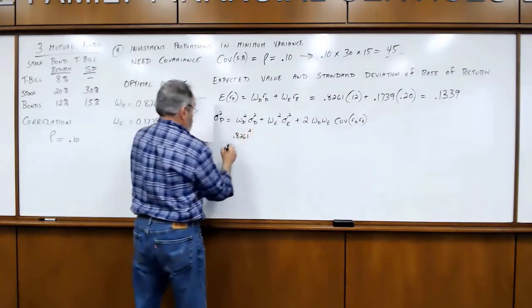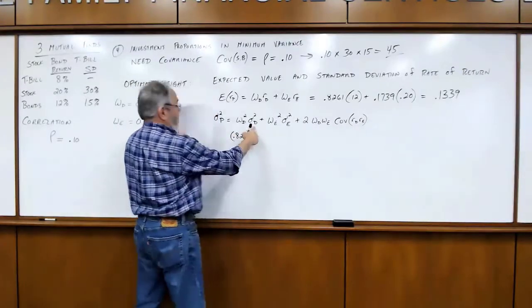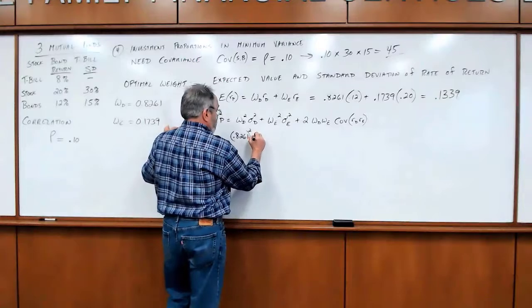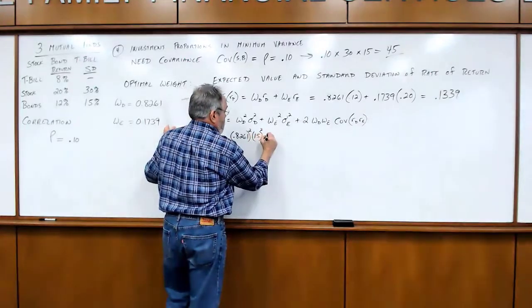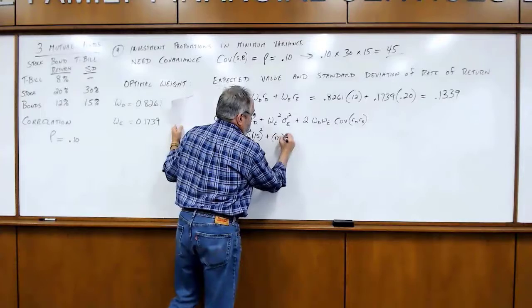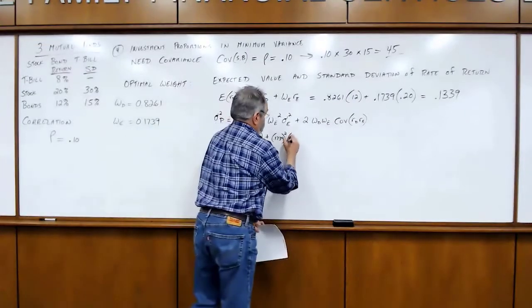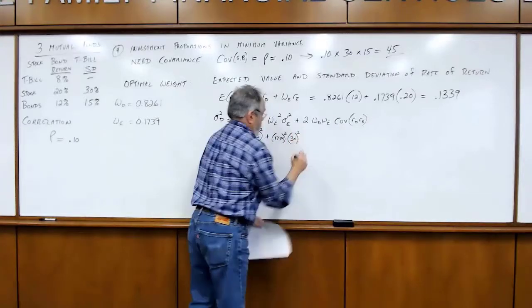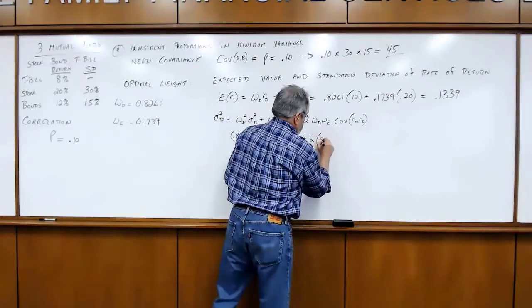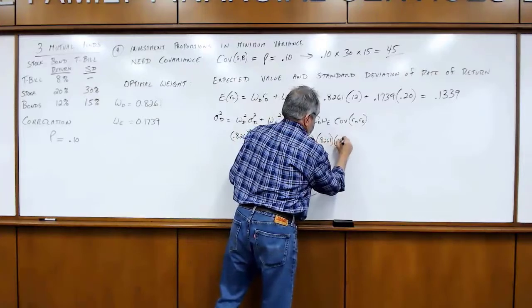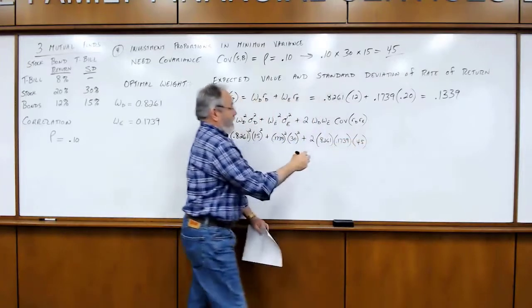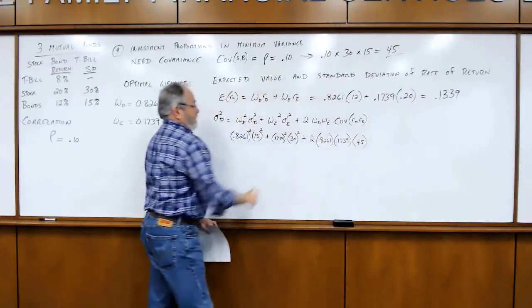Squared times 15 squared plus squared, plus 2 times the covariance, weight in equity, weight in debt.